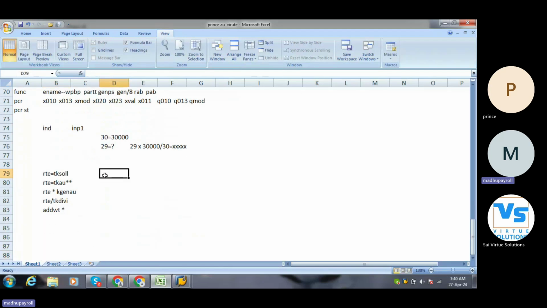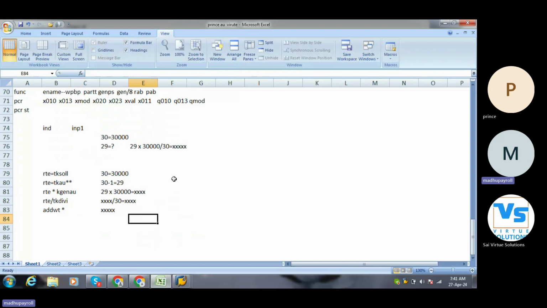Say, for example, 30 days equals 30,000, and 30 minus 1, if you take one day of leave, equals 29. So 29 into 30,000, you get some amount, then that amount divided by 30 days gives some amount. That amount you are going to add here. This is in Indian payroll.